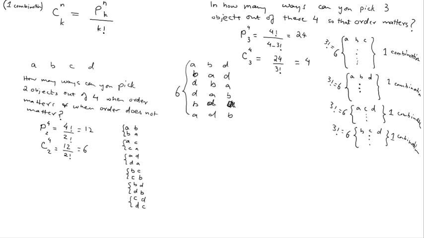This combination is of A and B, this one is also from A and B, this one is from A and C, this one is also from A and C. So it's the same combination, right? And so you have 12 permutations when order matters, but you only have 12 divided by 2 because each group of 2 is counted as one combination. So you have 12 divided by 2 equals 6 combinations.